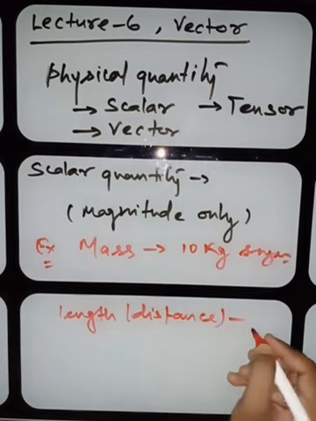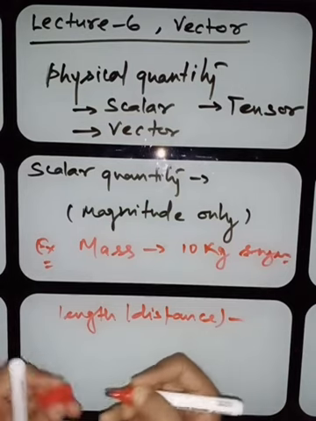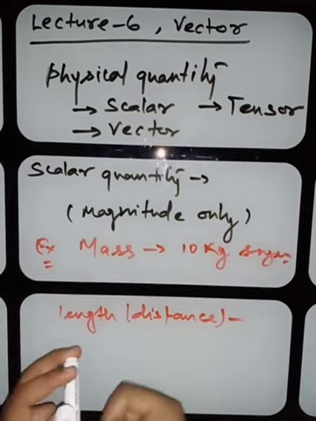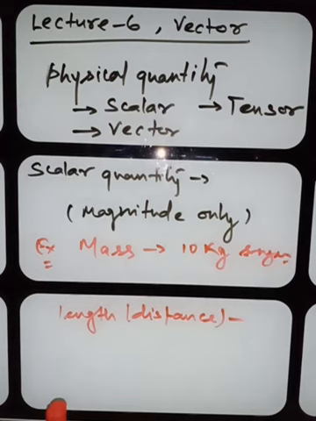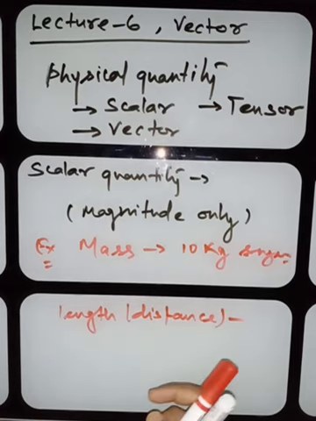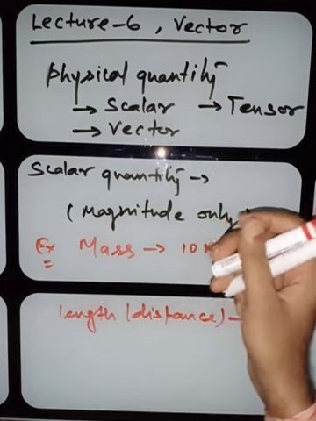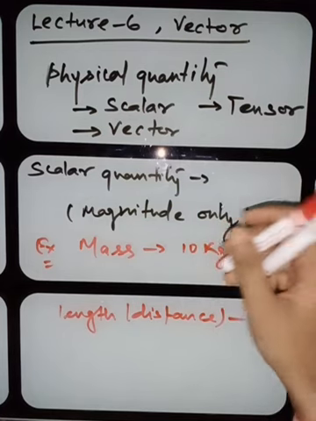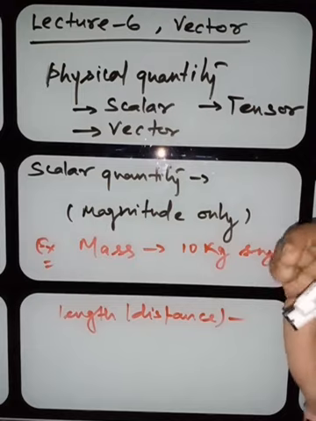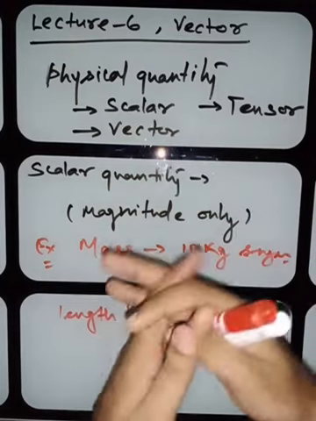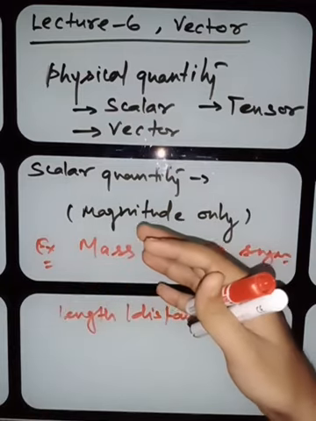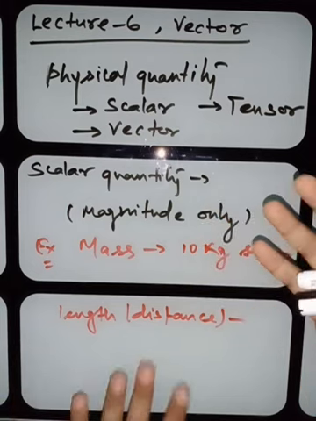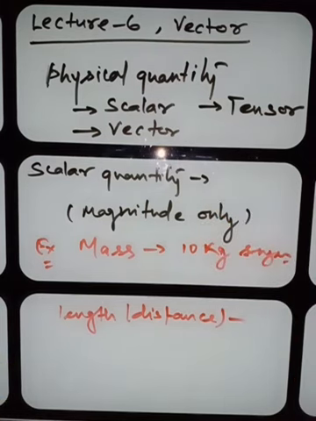For example, if you say to any person, my home is 5 kilometers from here, then it is distance. You are not specifying any direction, whether it is 5 kilometers due east or 5 kilometers due west. You are only giving the quantity, the length from where you are. So here the distance is a scalar quantity. You are not specifying any particular direction.